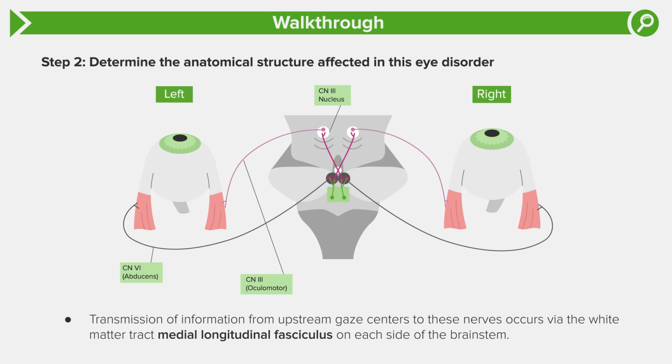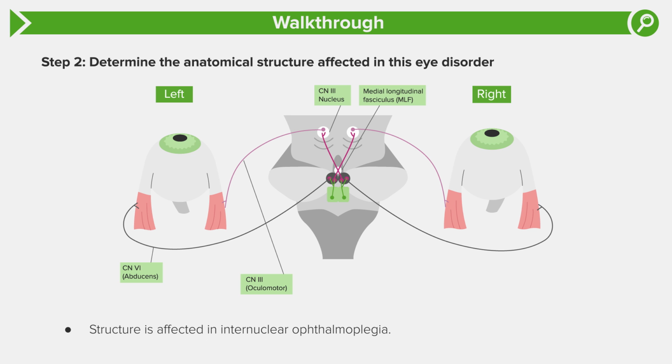Transmission of integrated information from upstream gaze centers to these nerves occurs via a white matter tract called the medial longitudinal fasciculus, or MLF, on each side of the brainstem. This is a structure that's affected in internuclear ophthalmoplegia. We have now just localized the lesion.